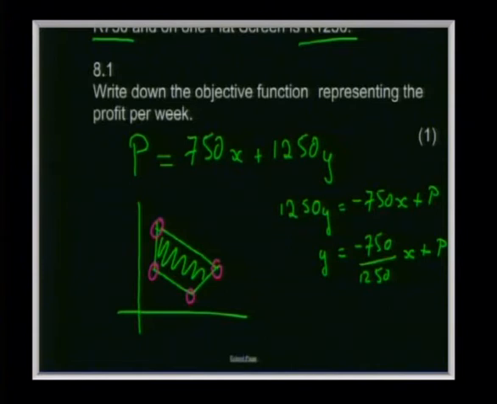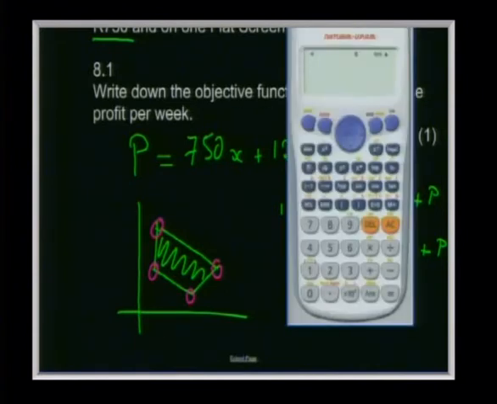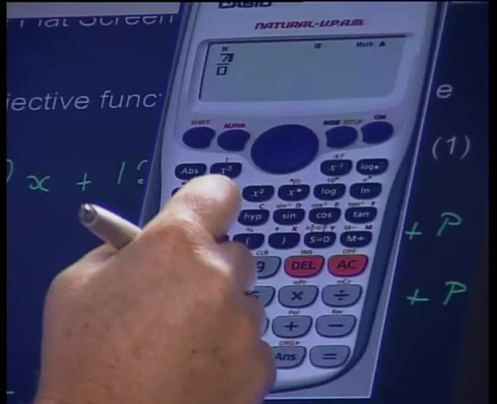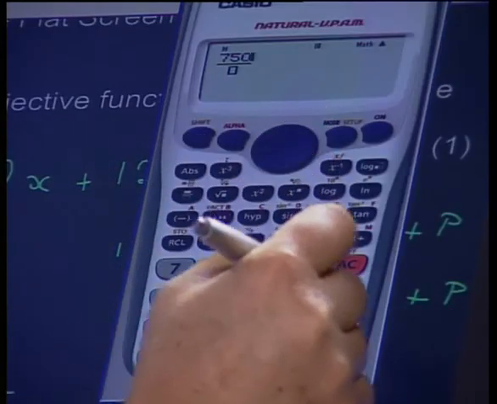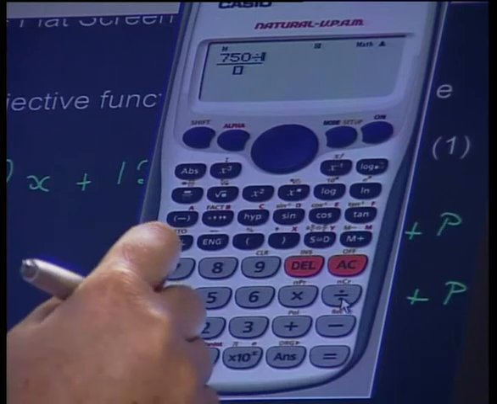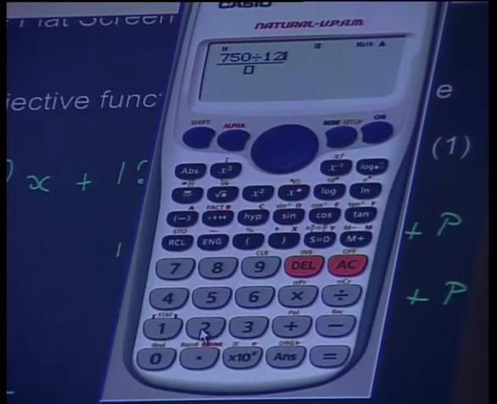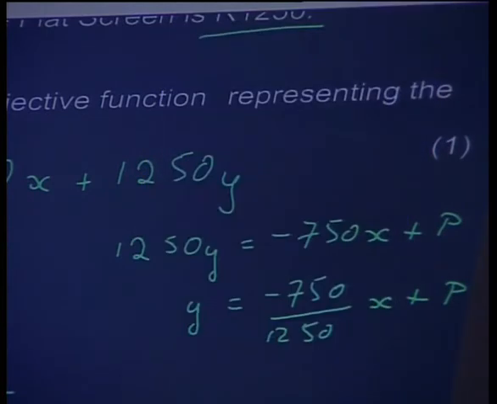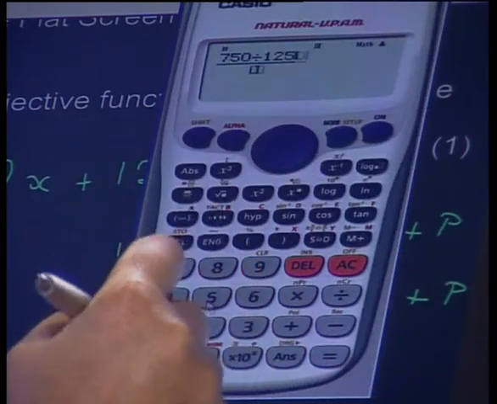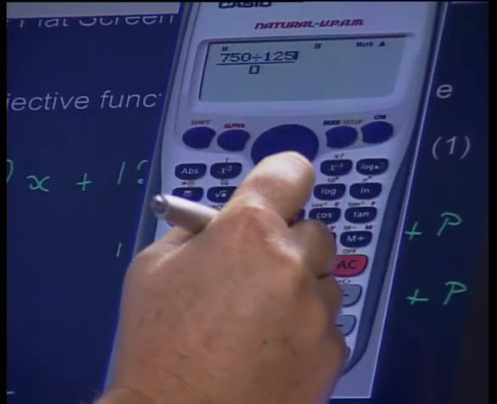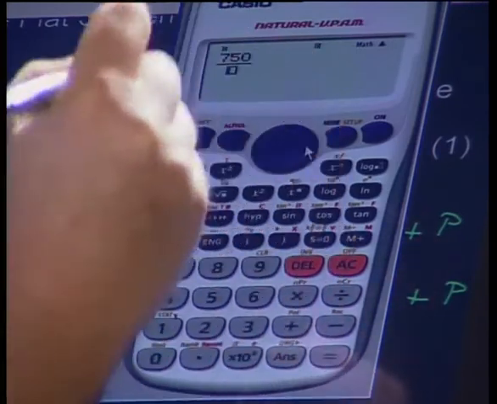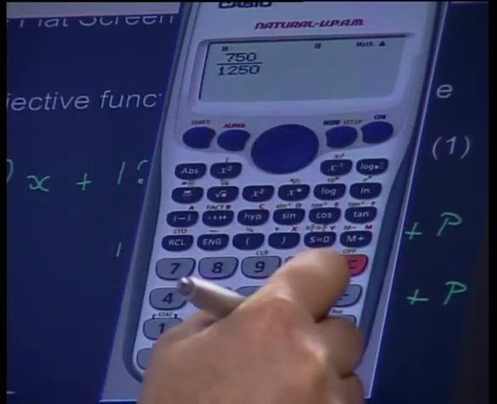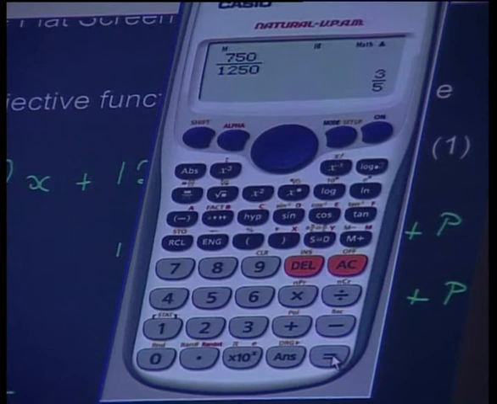Let's double check in the calculator what that is. Well, we've got 750 divided by 1250. And as you can see, I've mucked that up. I've put that as a fraction, but there we go, 3/5.